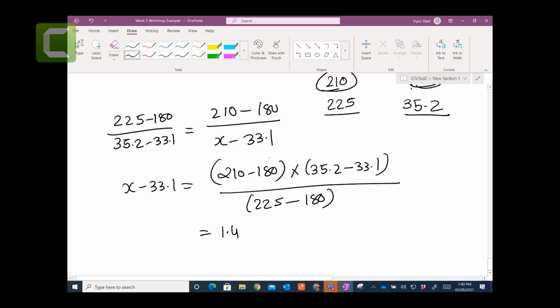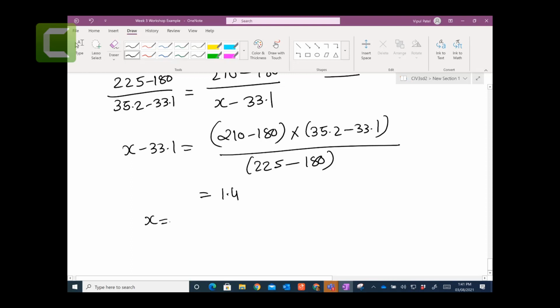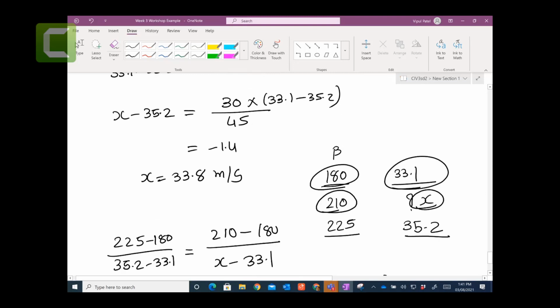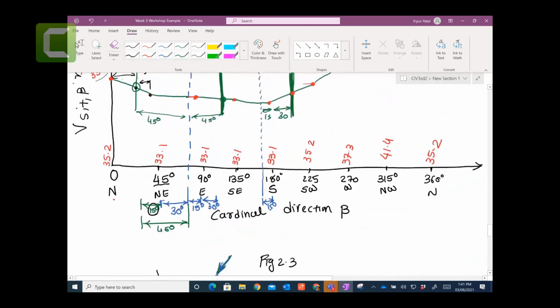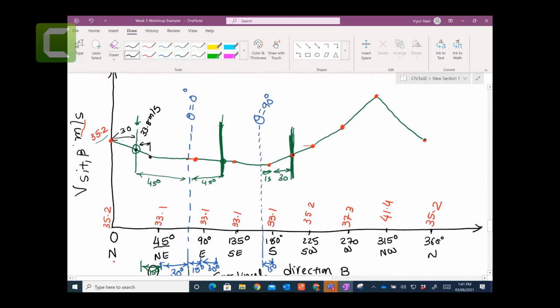x is equal to 1.4 plus 33.1. You get 34.5. So this one is 34.5 meter per second.